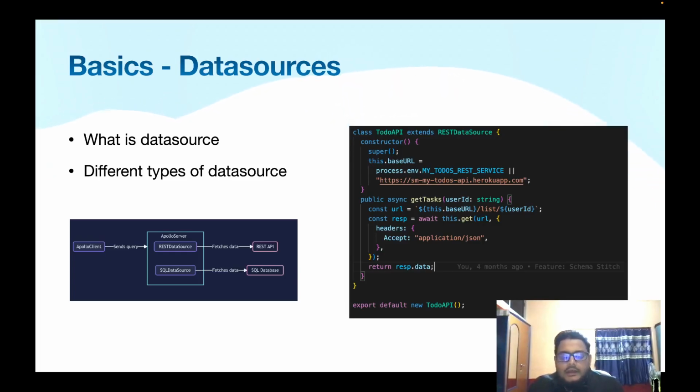The base class we are using here is REST data source, which we get from the Apollo data source library. This class gives us certain features like common utility methods, like we are calling this.get, passing the URL and headers, and getting the response.